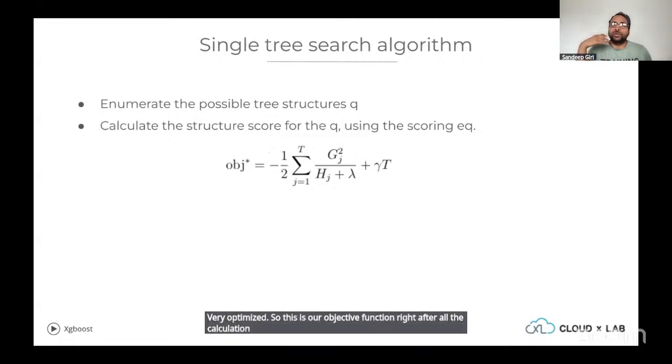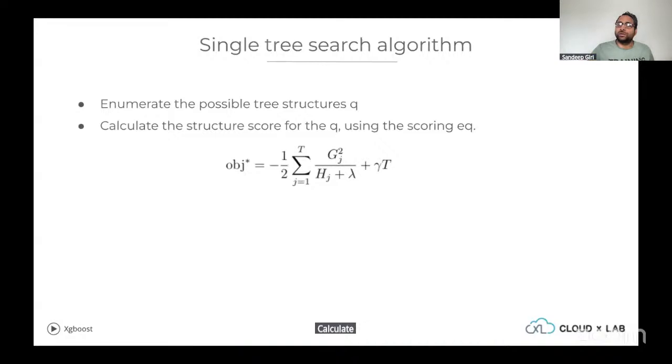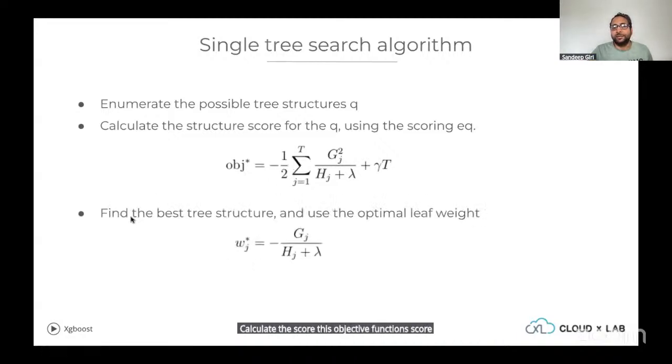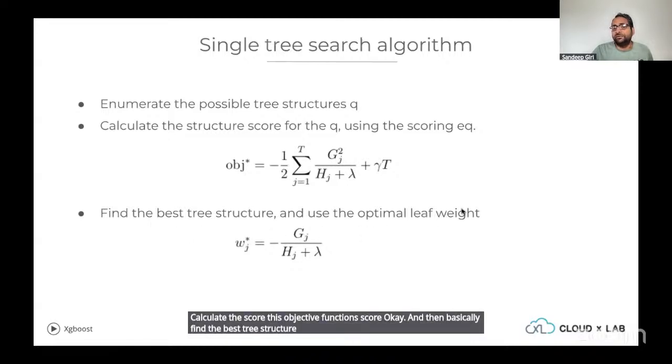So now the method is, you go over the trees, you start splitting, calculate the score, this objective function's score, and then find the best tree structure and use the optimal leaf weight.